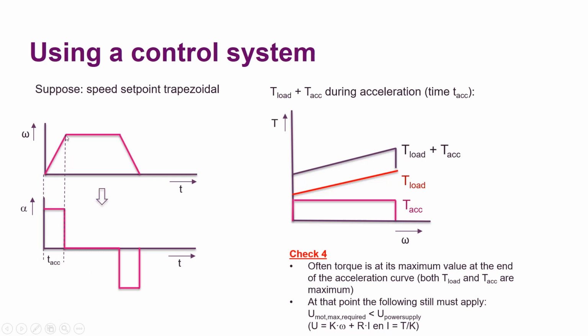So at this point in my speed set point, my required motor voltage is at the maximum value. So this is the check you have to make. Is the voltage you require at that point still lower than the voltage the power supply can deliver? That's check number 4.